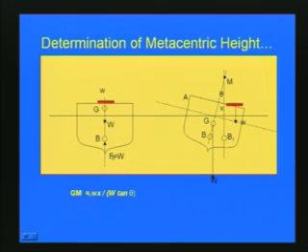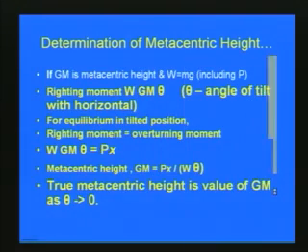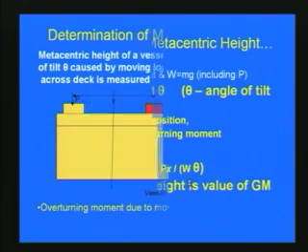So, we can write GM is equal to either p in the previous figure or in this figure, GM is equal to wx by W tan theta, or when theta is small we can write W theta, as we have seen in this slide. This derivation is with respect to the previous figure.